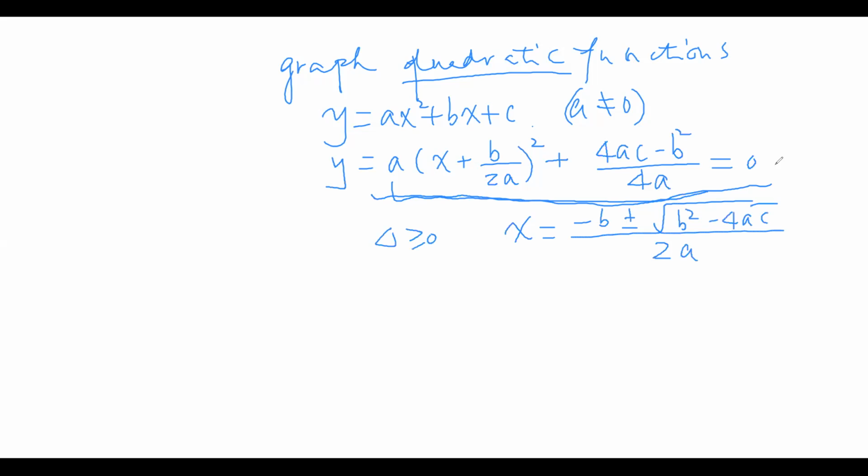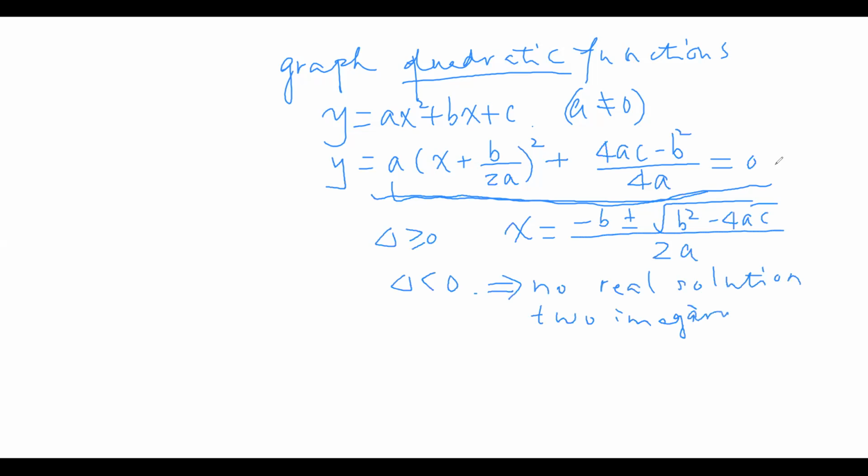When the discriminant is less than 0, there are no real number solutions, but there are two imaginary solutions. We will talk about this a little later.